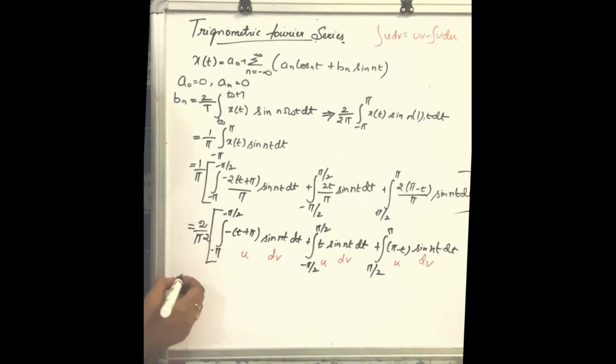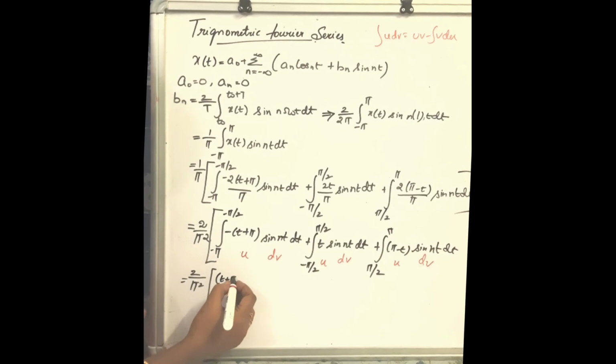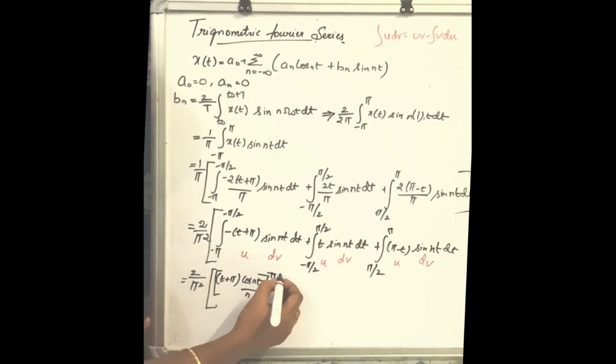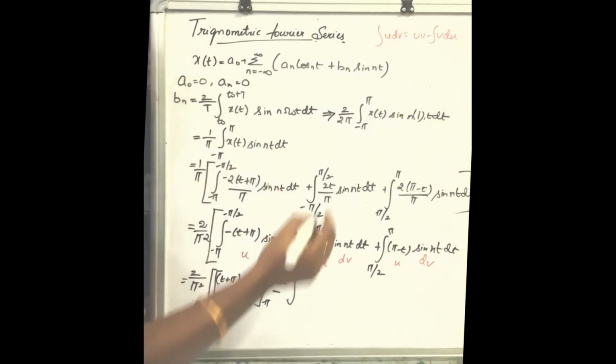In order to solve that, you will get 2 by pi square, t plus pi cos nt by n, limits minus pi to minus pi by 2, minus integral v du.